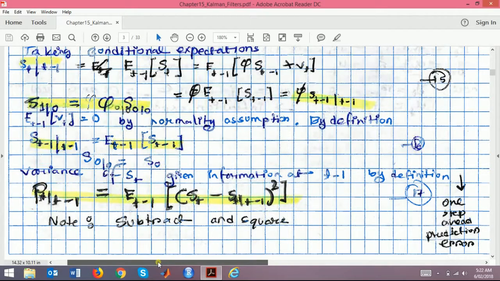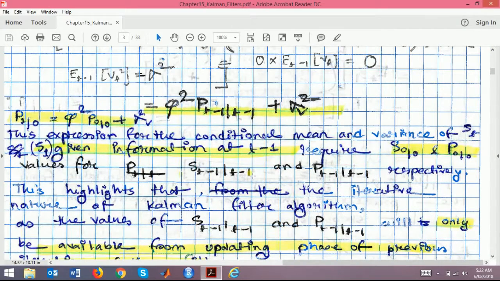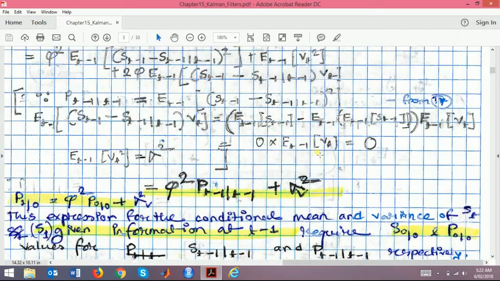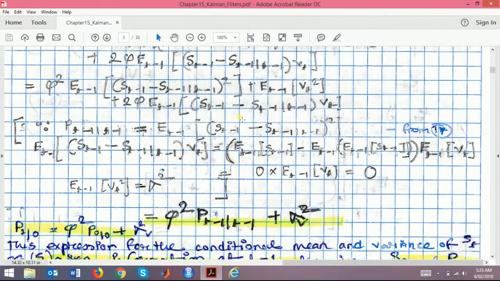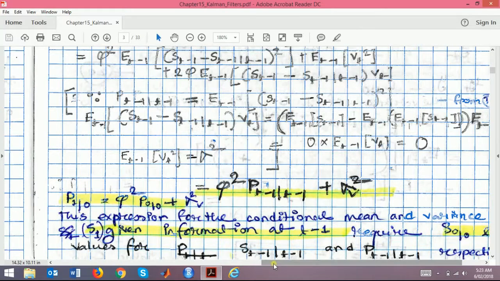Up until now, this is what we have derived: P1|0 and S1|0, and the prediction error S1 minus S1|0, which gives us phi (S0 minus S0|0) plus the disturbance, taking one step backward.